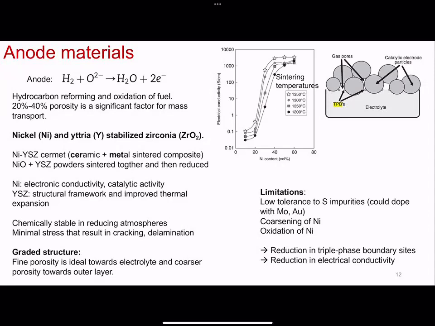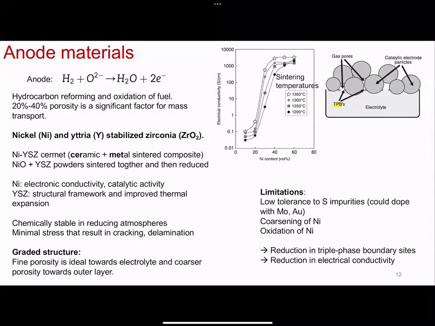Okay, so we went in depth on solid oxide fuel cell electrolytes. Now we'll cover anode materials as well as cathode materials and processing and assembly of these cells themselves. Right. So reminder, what happens at the anode?